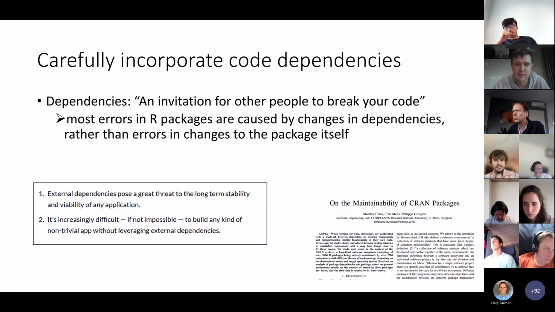If we want to do things, we're going to have dependencies, and it's really not a possibility to just say, oh well, we won't have any. So on the extreme, we can think of them as an invitation for people to break our code. And in fact, there's this paper that was looking at most of the errors in R packages, and they were finding that most are actually caused by changes in the dependencies rather than errors in changes to the packages themselves.